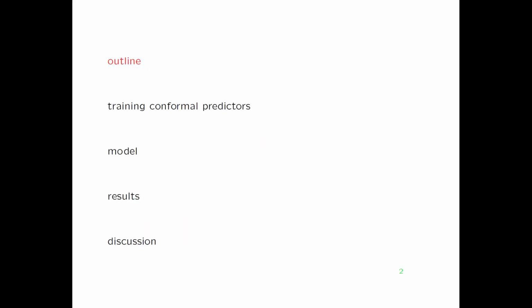So this is an outline of my talk. Actually, there are two parts. The first part is very simple. I will try to explain what the overall idea of this work is. And then in the second part, I will explain in a slightly more detailed way what we did in the paper.